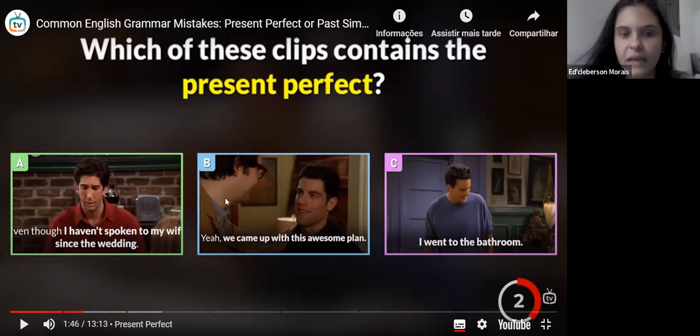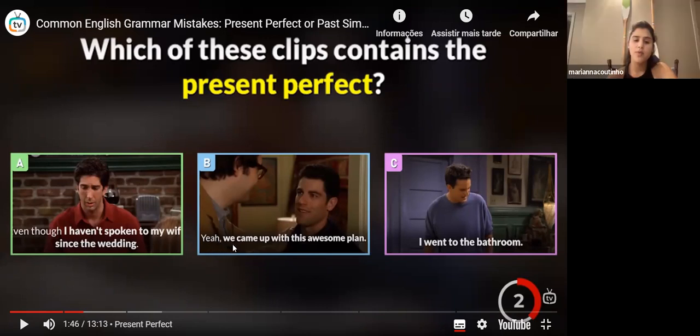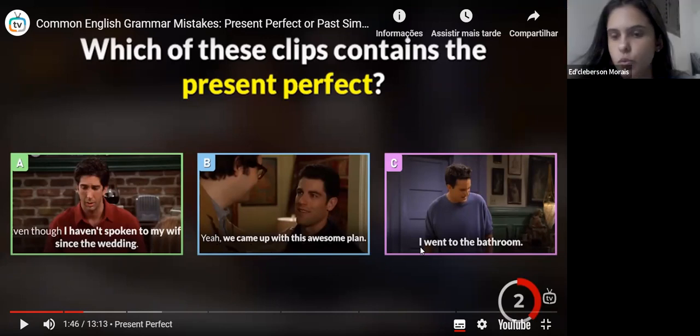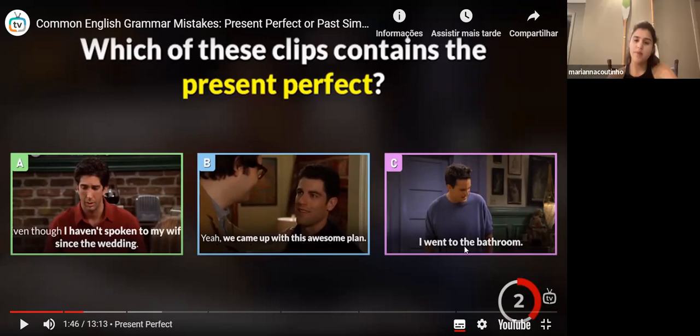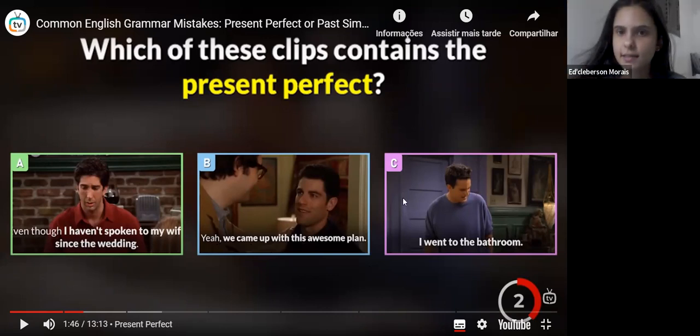Perfect. Letter A. Letter B: Yeah, we came up with this awesome plan. Very good. And last one: I went to the bathroom. Perfect. Which sentence contains the present perfect, Mari? A, B, or C?